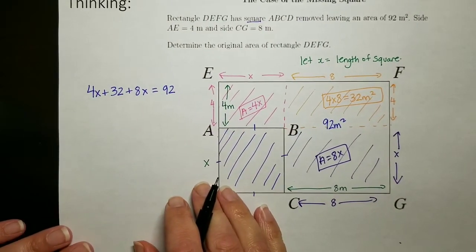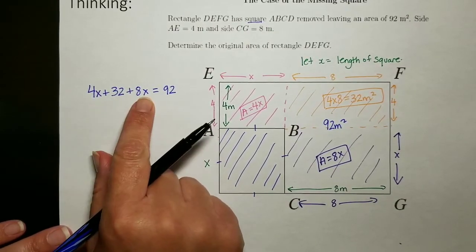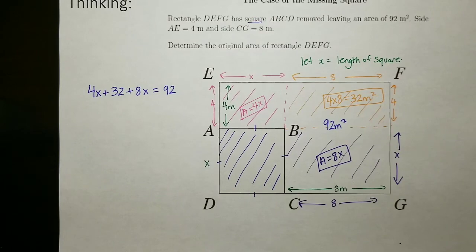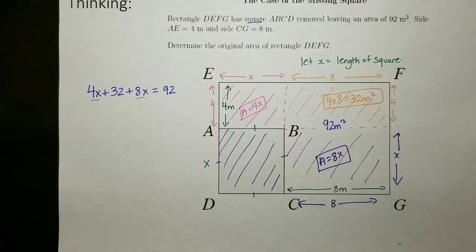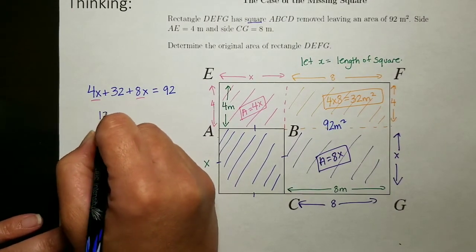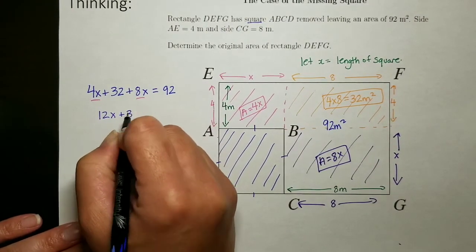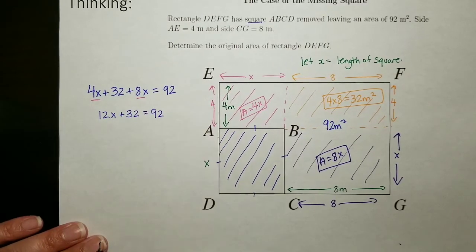So there's my equation. I'm going to do something here. I'm going to add up my like terms, and you don't have to do that before you start working through an equation. In the examples in the earlier part, I didn't, but I do think that it might make it easier for you guys to see. 12x plus 32 equals 92.